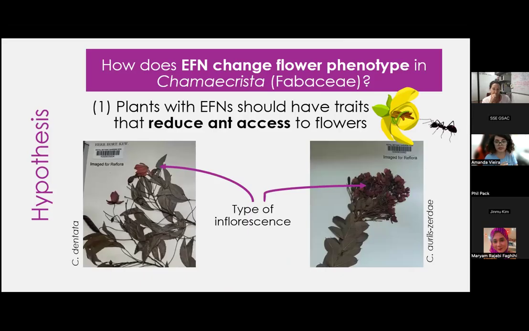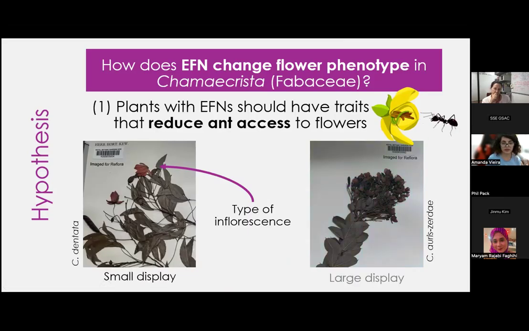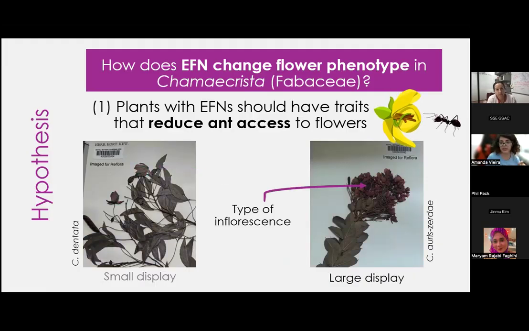And also, finally, for this hypothesis, the type of inflorescence. So Chamaecrista can have isolated flowers or inflorescences. In this case, on the left, we have plants with a small display. So just one or a few flowers open at the same time. On the right, we have a large display. So this might be more attractive to pollinators than the Chamaecrista with a small display.